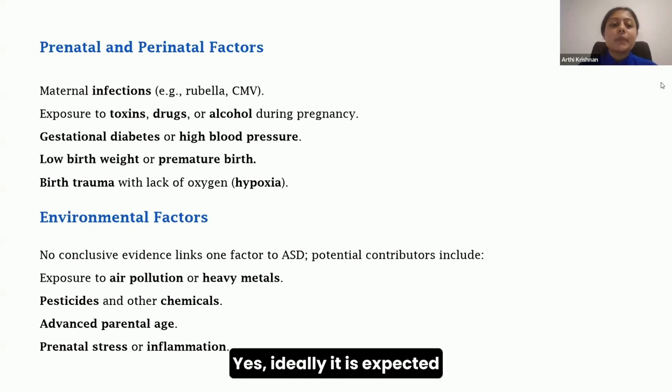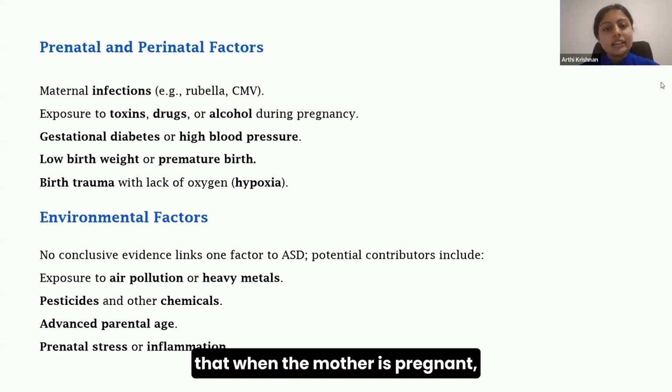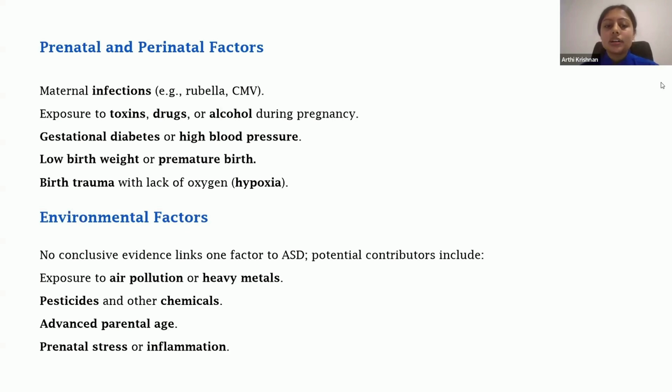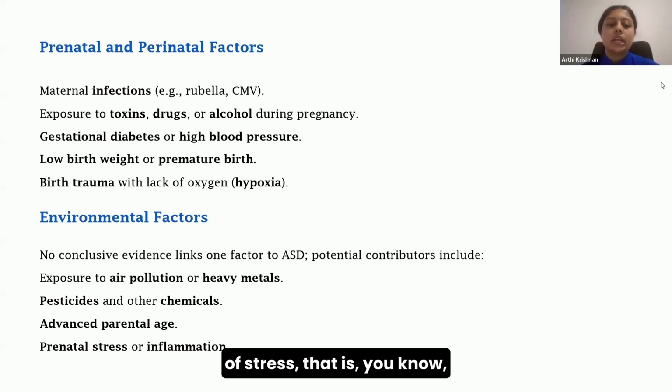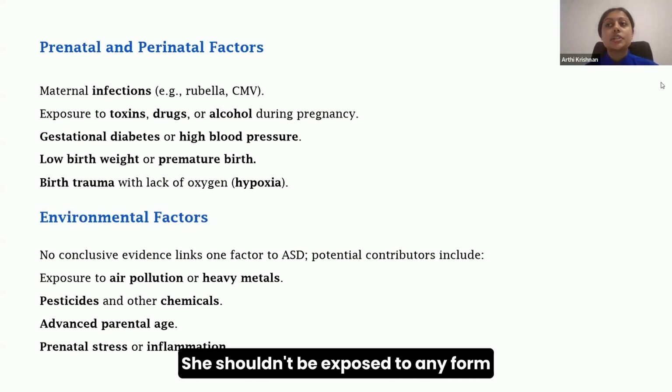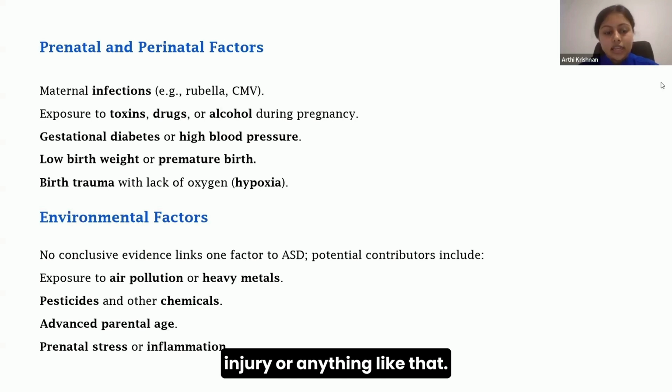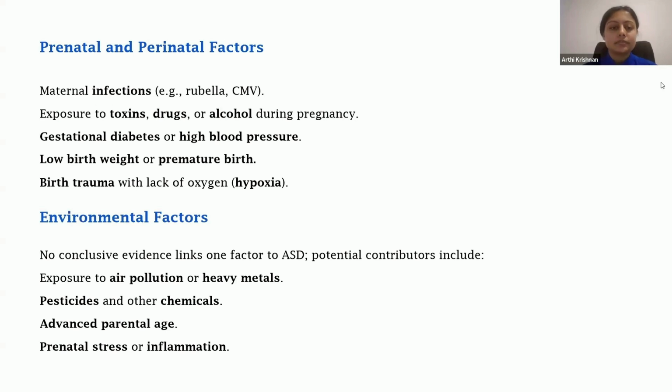Ideally, when the mother is pregnant, she should have a smooth pregnancy, nutritious meals, and should not be exposed to high levels of stress, that is interpersonal conflicts and so on. She shouldn't be exposed to any form of trauma or injury. If these factors are there, it can impact how the child develops. But again, we are not definitely concluding that this is the causative factor. We are just seeing links.